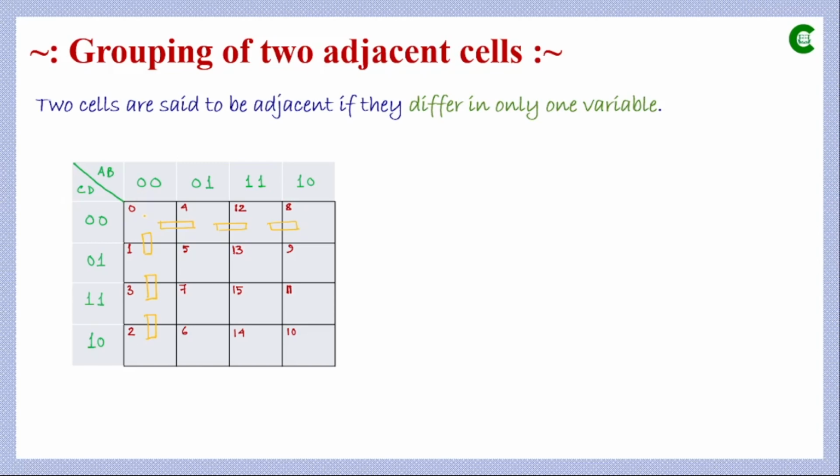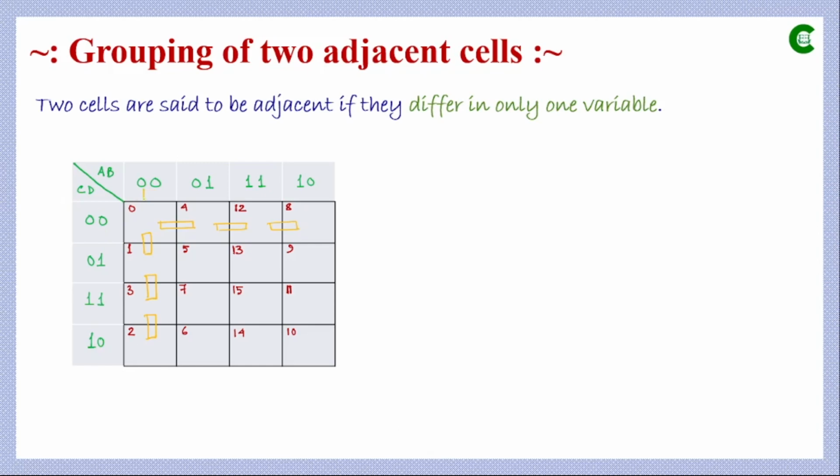If we consider cell number 0 and cell number 2, for cell number 0 the value of AB is 00 and the value of CD is 00, and for cell number 2 the value of AB is again 00 and the value of CD is 10. So for A, B and D, their values remain the same, only the value changes for variable C. So here also the change in value is only for one variable.